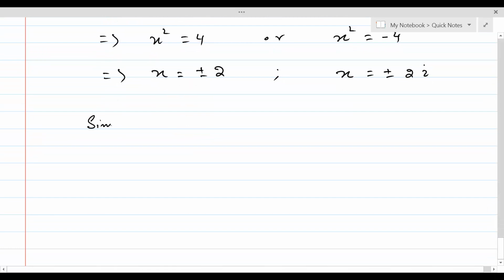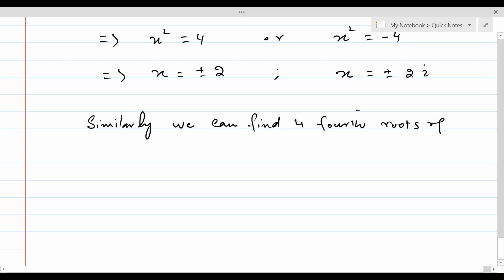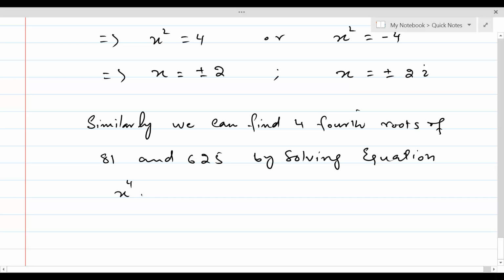Similarly, we can find the four fourth roots of 81 and 625 by solving the equations x power 4 equal to 3 power 4, and x power 4 equal to 5 power 4 respectively.